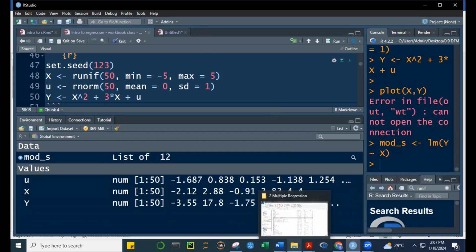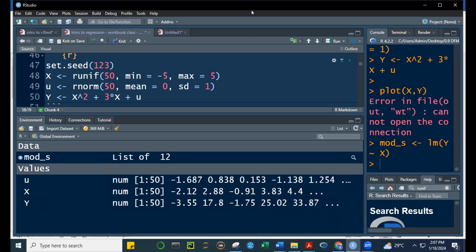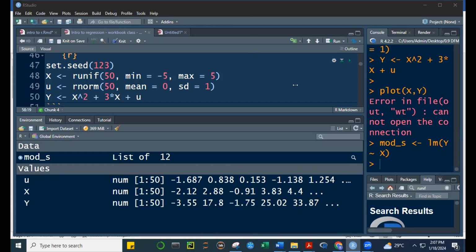What are the objects that you see in your environment window? Class.